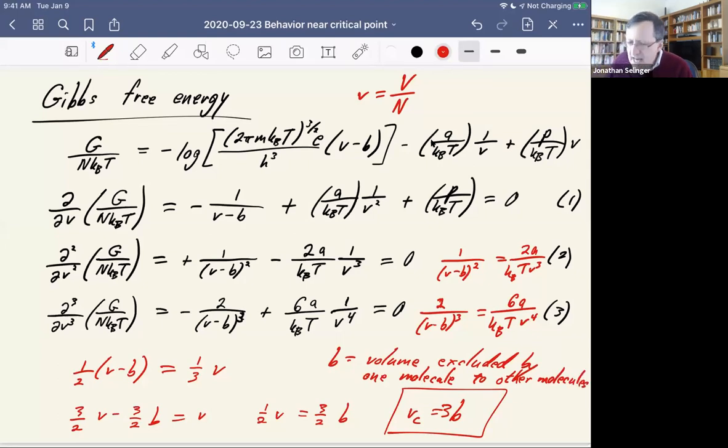Okay, so that's the absolute minimum volume per molecule if you were to put in infinite pressure. Okay, so the critical volume is 3 times that.